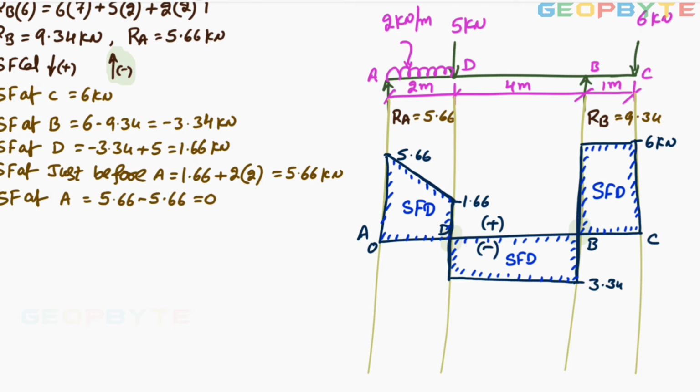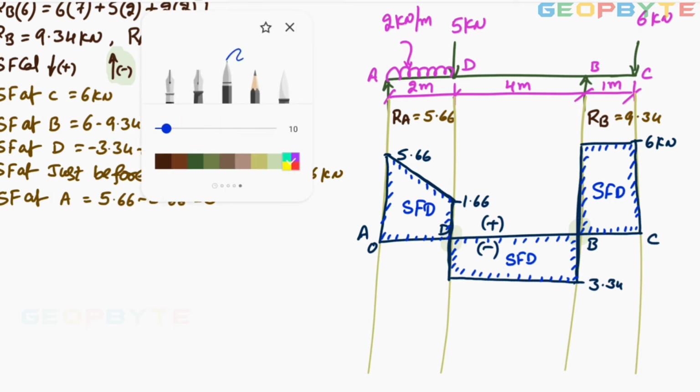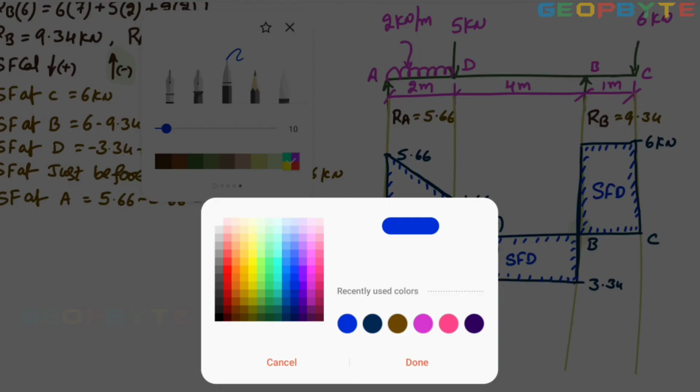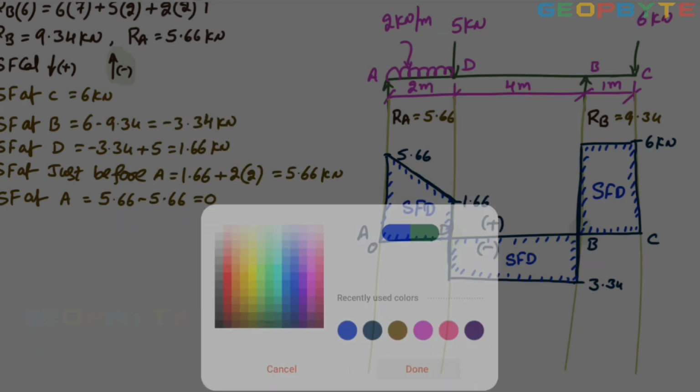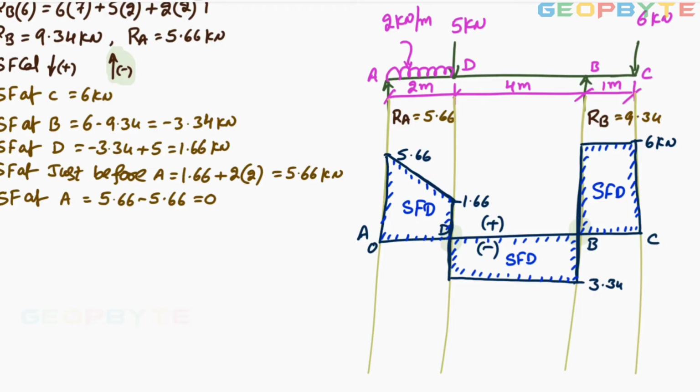Now let us find the bending moment values. BM calculations. For that, clockwise moment is negative. Anti-clockwise moment is positive.